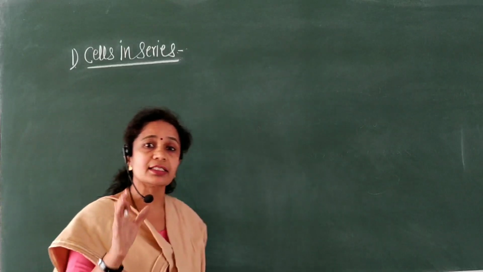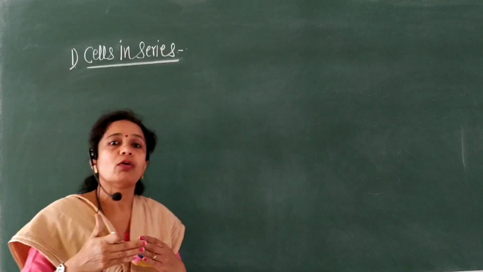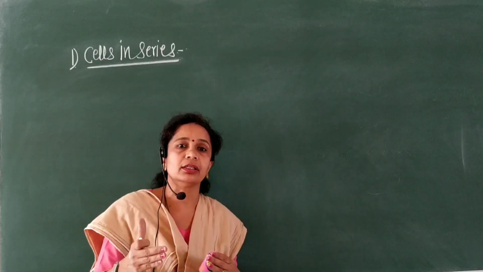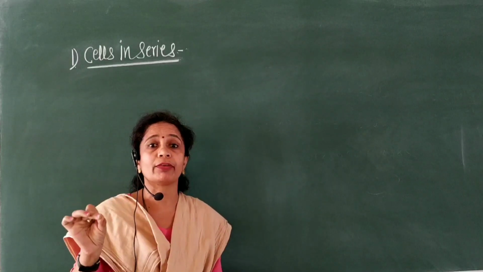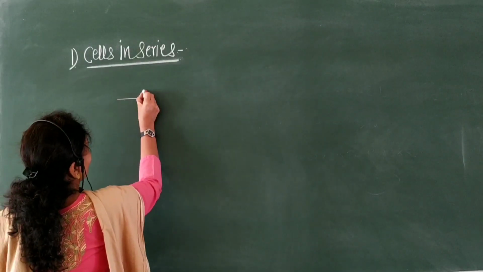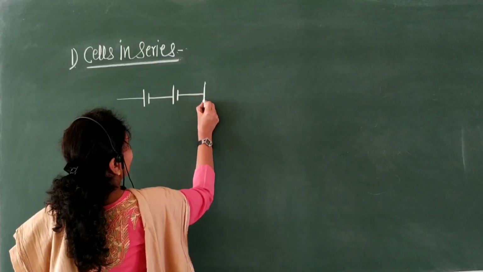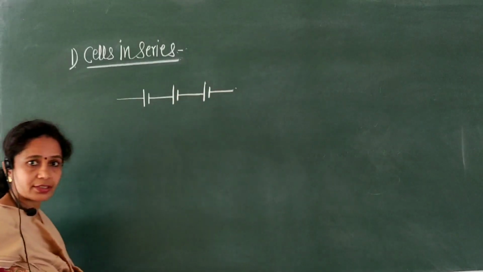Cells in series means a number of cells are connected one after another in the form of a chain like this. See this. This is the first cell, this is the second cell, this is the third cell.